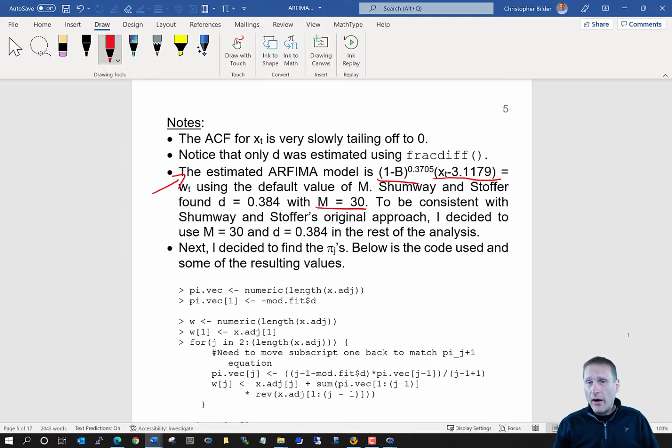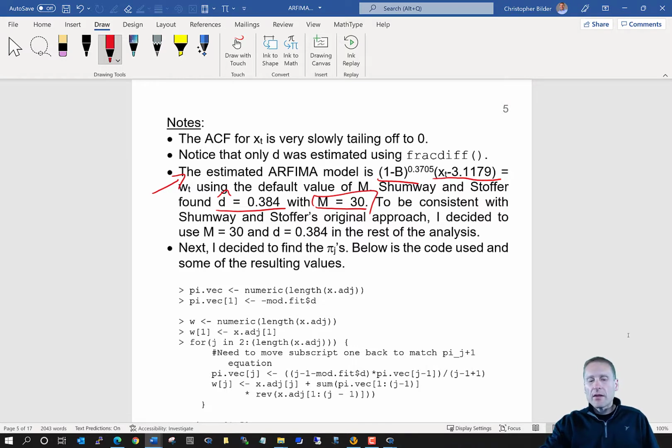They don't really say why. And since I'm trying to duplicate the results that are in the book, I'm going to re-estimate the model with only M equal to 30. In the end, there's very little difference. d ends up being 0.384. I suppose I could put a hat on that if I wanted to.